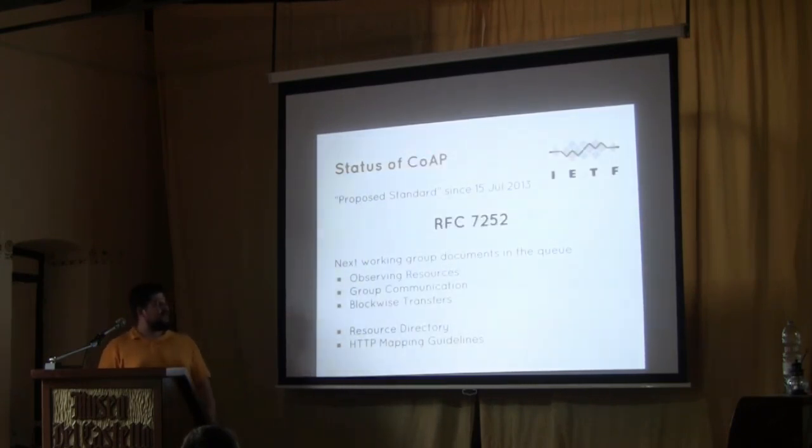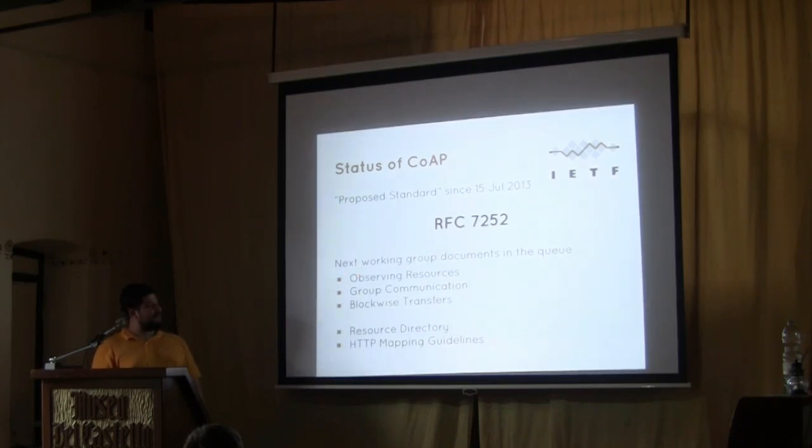So what's the status? CoAP is actually a so-called proposed standard. That's an IETF term, so it's a standard since 2013. And this year, a few months ago, it was finally released as an RFC. So now the base specification is out there as a standard.